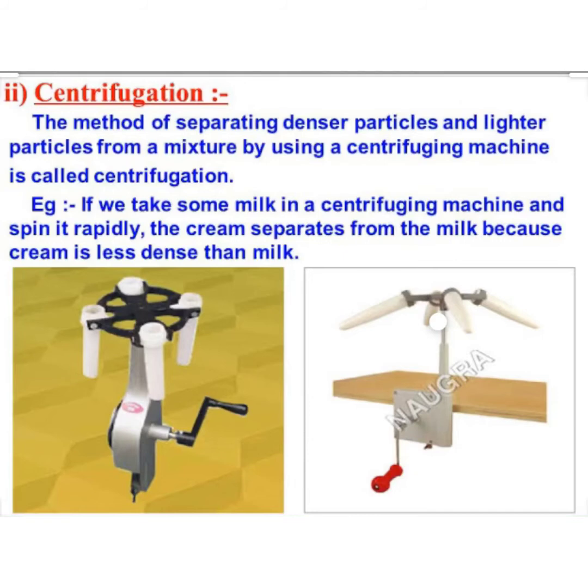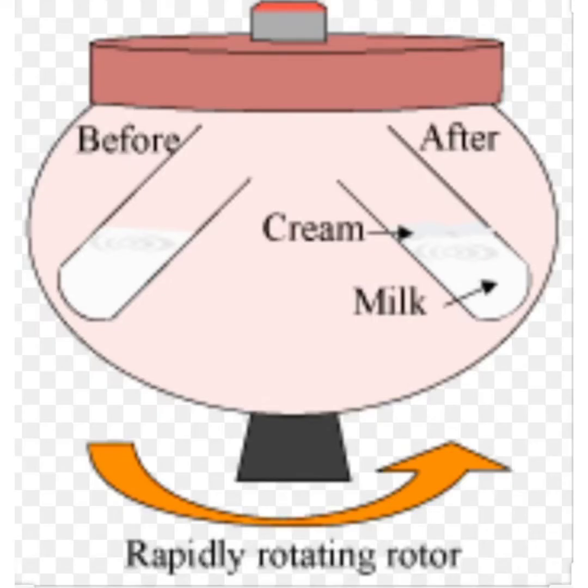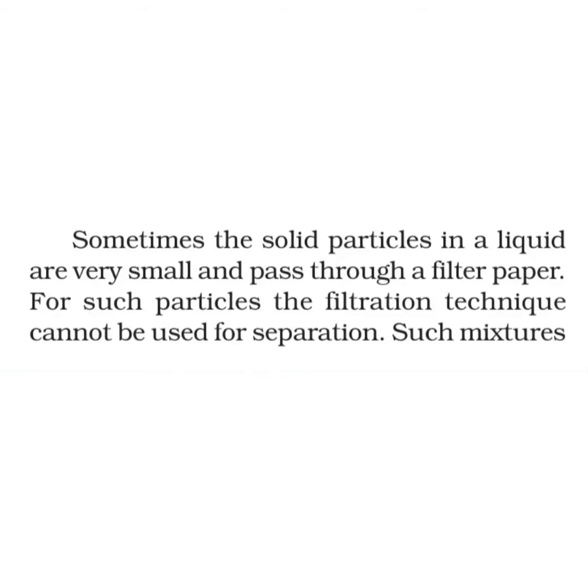Here you can see centrifuging machines, with the help of which it can be done. Here in the diagram you can clearly see that in a centrifuging machine, the rotor is spun very rapidly and cream and milk get separated easily. So students, like cream in milk, sometimes the solid particles in a liquid are very small and they pass through filter paper.